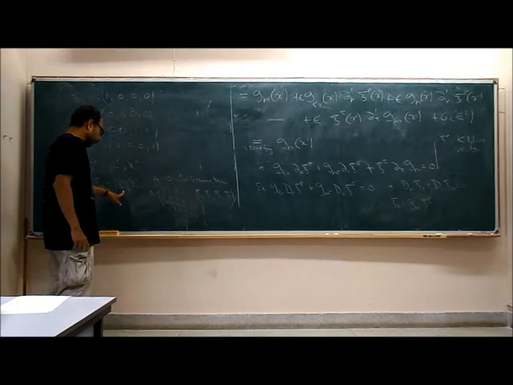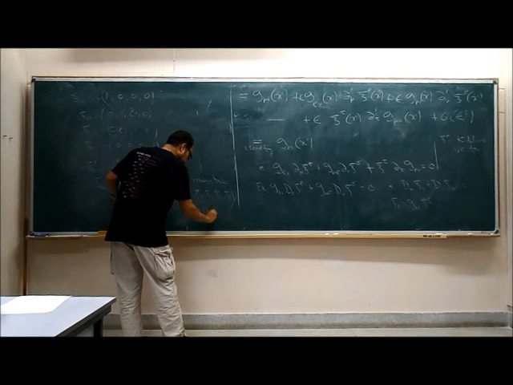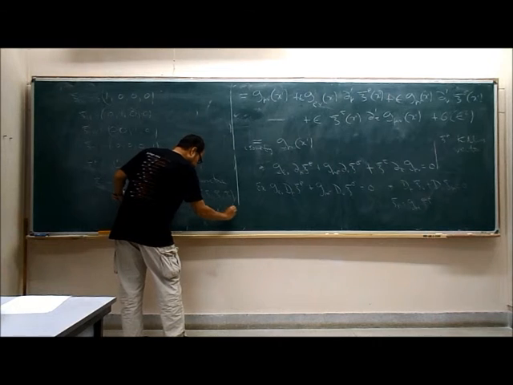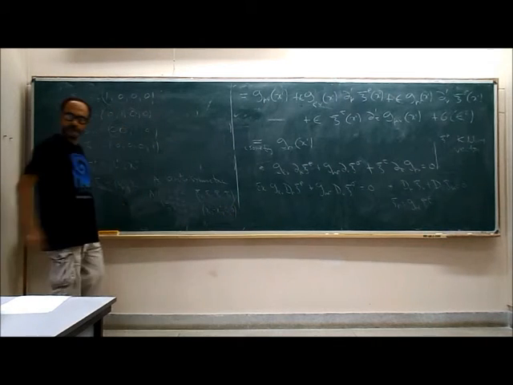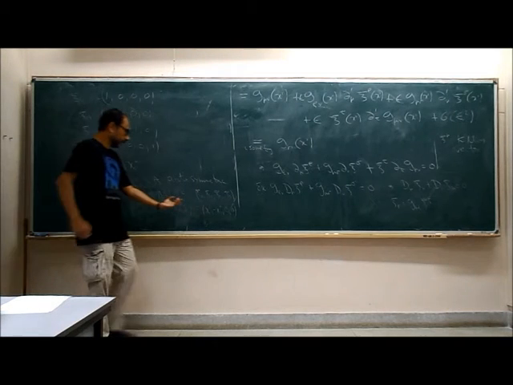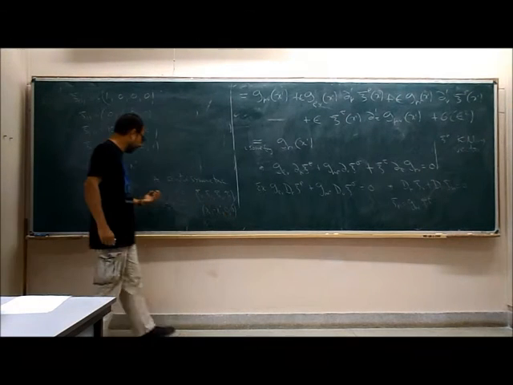So if μ is 0, this vector as a function of x is a Killing vector. That's what it means, right? You have to choose independent A's, right?